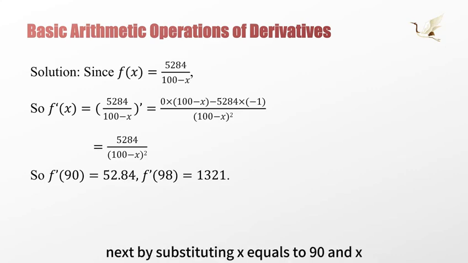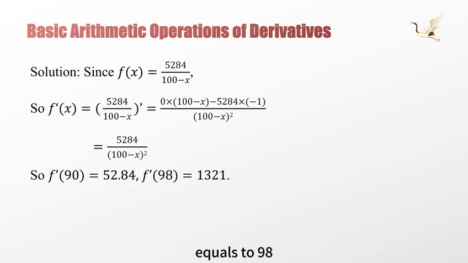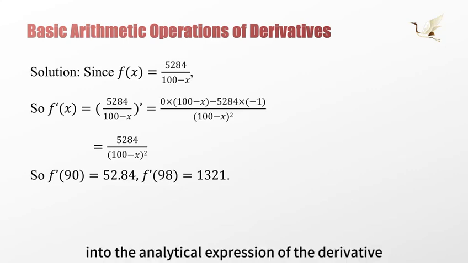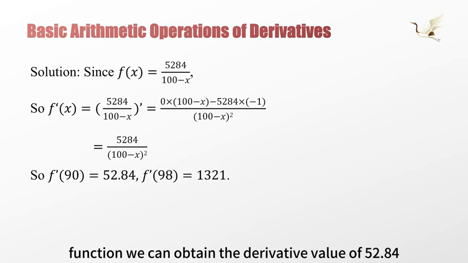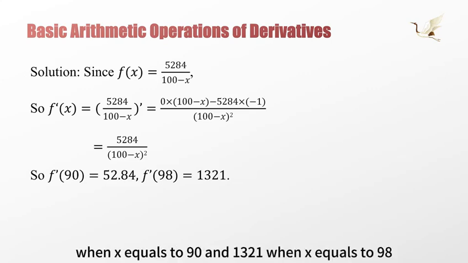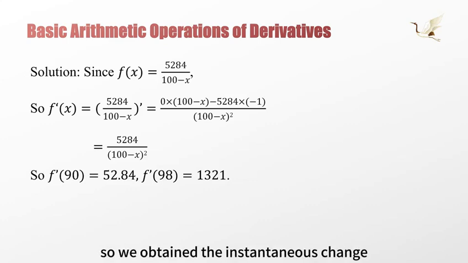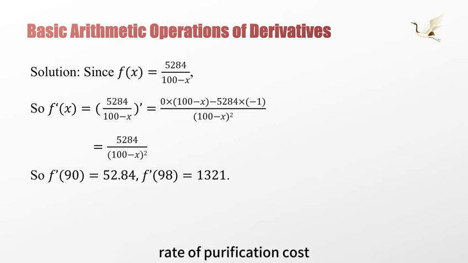Next, by substituting x = 90 and x = 98 into the analytical expression of the derivative function, we obtain the derivative value of 52.84 when x = 90 and 1321 when x = 98. So we obtain the instantaneous change rate of purification cost at a purity of 90% and 98%. But what does this indicate?